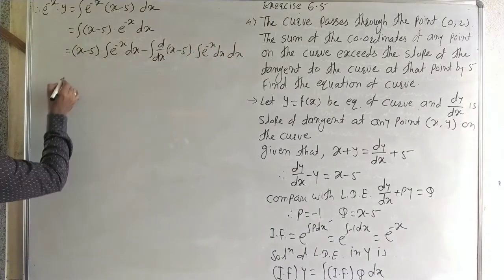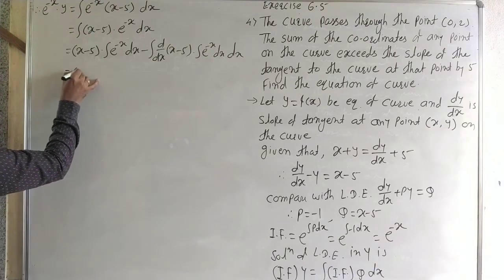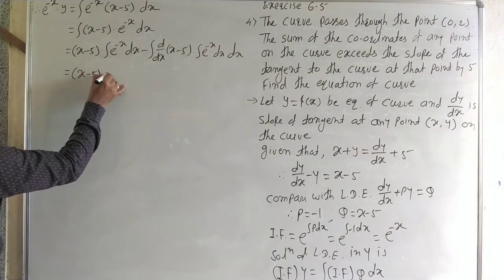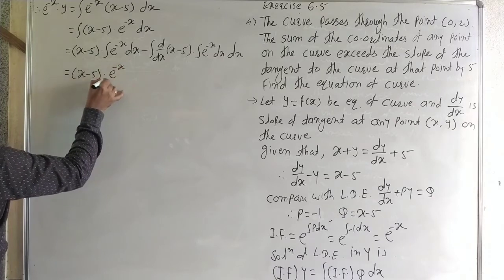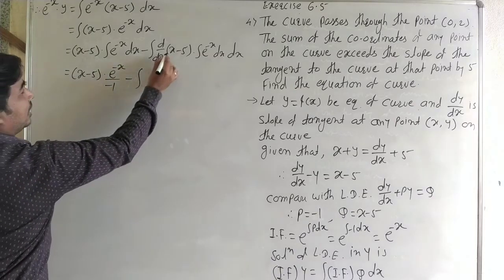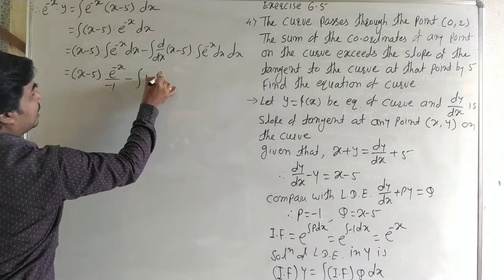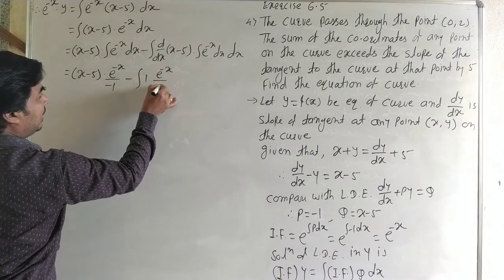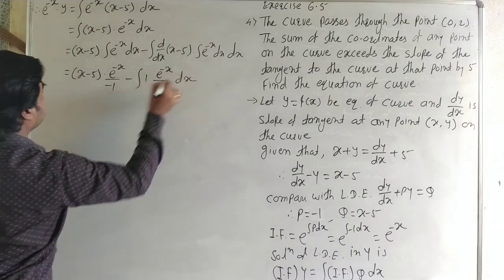Okay, for this integral, it is (x - 5) times e to the power -x upon -1. See carefully this integration. Minus the integral of the derivative of (x - 5), which is 1, times e raised to -x upon -1 dx.